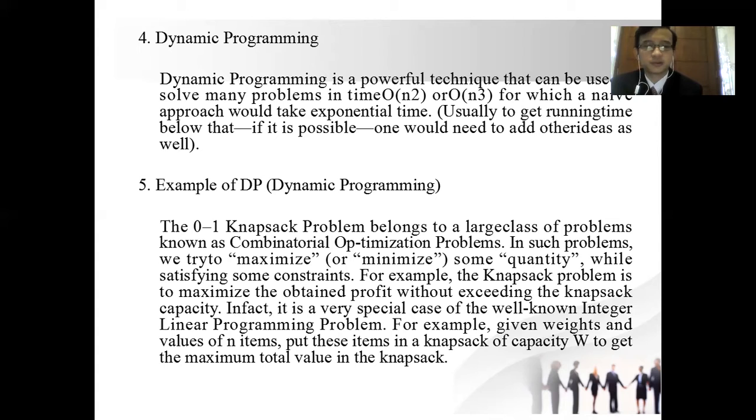The 0/1 knapsack problem belongs to a large class of problems known as combinatorial optimization problems. In such problems, we try to maximize or minimize some quantity while satisfying some constraints. For example, the knapsack problem is to maximize the obtained profit without exceeding the knapsack capacity.